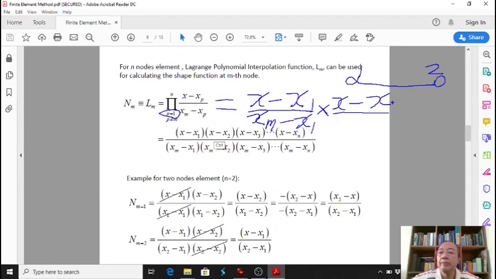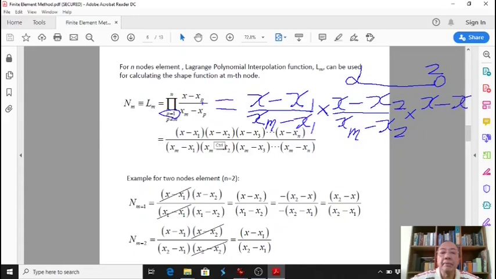So p becomes 2, so this is x minus x2, multiplied.